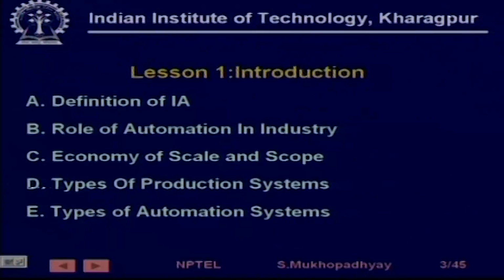Then in lesson 1 we started the course on a very general note and tried to define industrial automation. We saw that an industry is a systematic economic activity, and its primary objective is to make profit. Then we tried to find out how automation helps in making profit. We introduced the concepts of economy of scale and scope, and showed that in both respects automation helps.